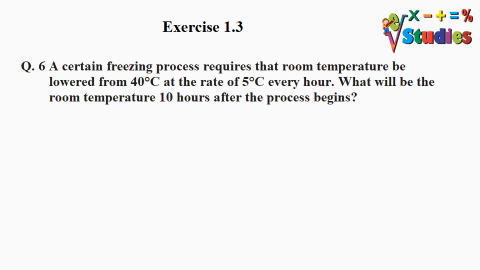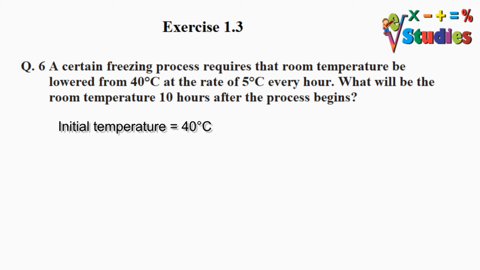Let us look at question number 6 now of the same exercise. The problem sum is that a certain freezing process requires that room temperature to be lowered from 40 degrees Celsius at the rate of 5 degrees Celsius every hour. What will be the room temperature 10 hours after the process begins?